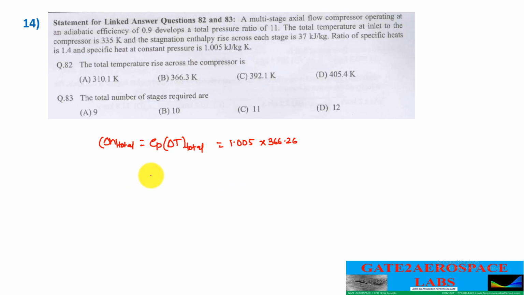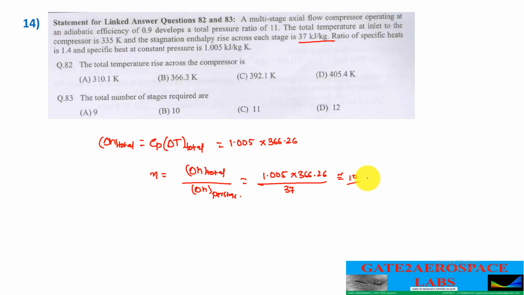Now the number of stages will be the total enthalpy rise due to compression divided by the enthalpy rise per stage. So this will be 1005 times 366.26 divided by delta H, which is given as 37 kilojoules per kg. If you compute this, you will get a value of 9 point something, which is close to 10. So your answer is B.